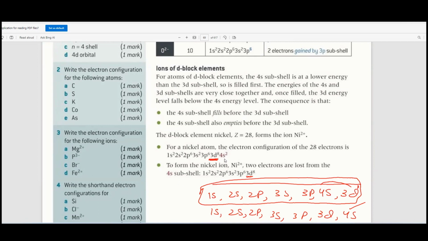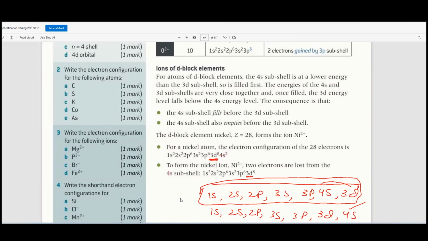But that doesn't make sense though, because then the 3d will be partially full and the 4s will be partially full as well. You're right. Let's say the 4s is filled and then one electron is in 3d. If it wants to lose one electron, the easiest thing would be just to lose the one electron from 3d. Why 4s?